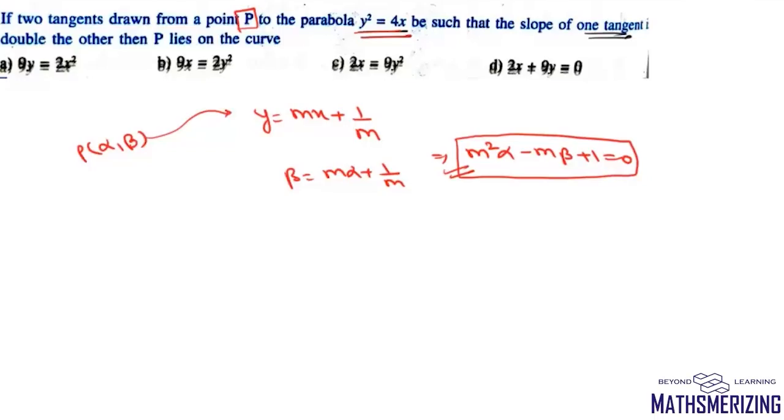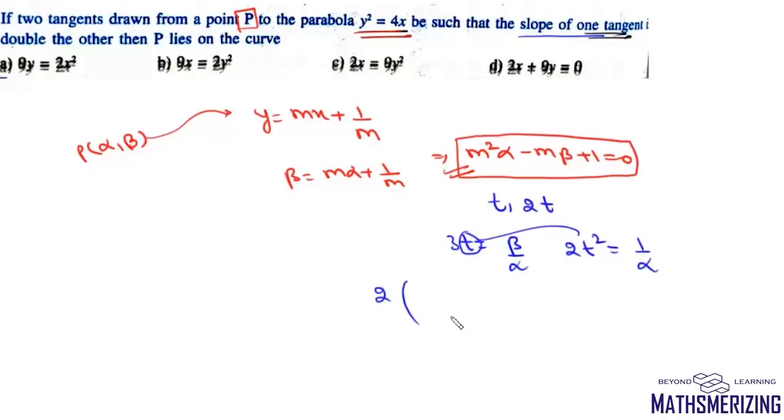Now it says this equation has the slope of one tangent double the other. So it means this equation has two roots which are of the form, say, t comma 2t. Now what is the sum of roots? This is 3t and will be simply beta upon alpha. And what is the product of roots? 2t square, and this is 1 upon alpha. So we'll eliminate t.